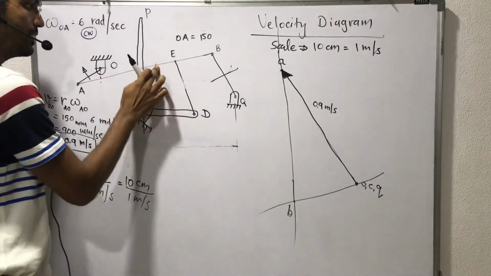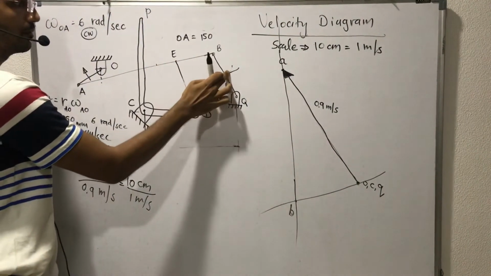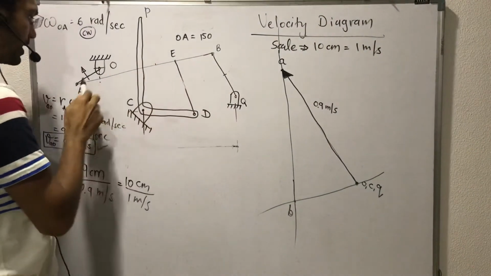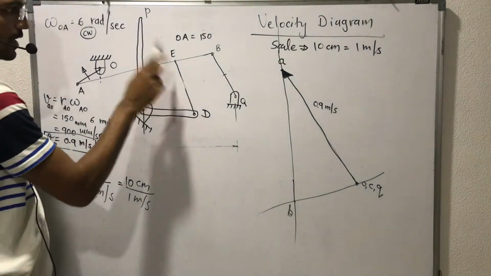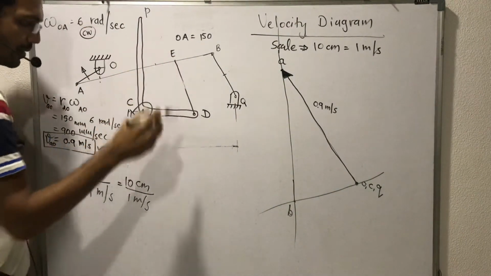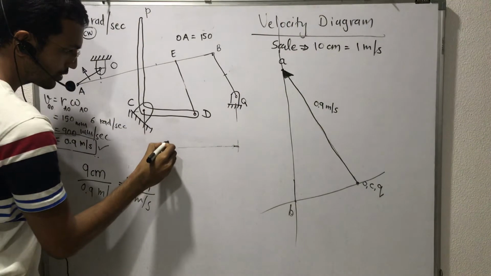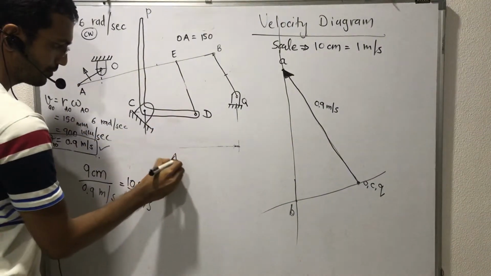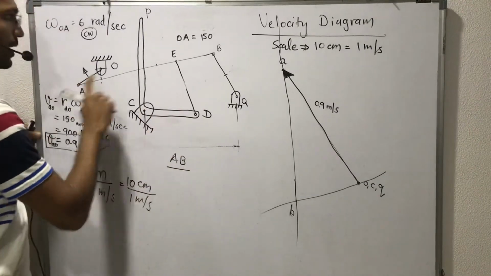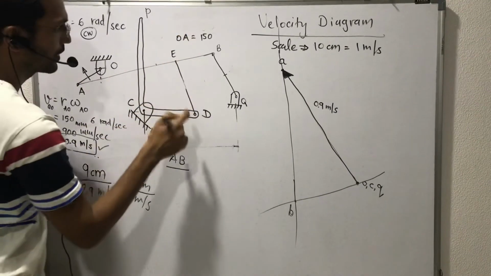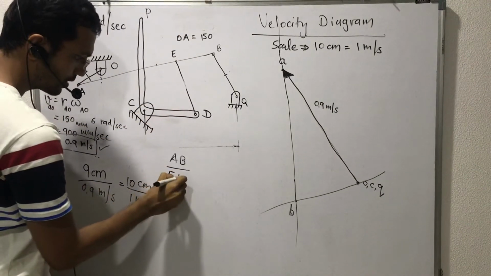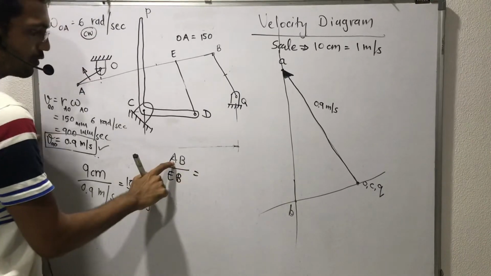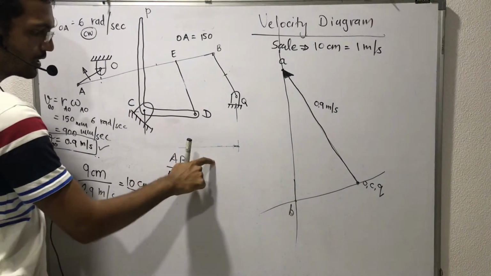Now next is E point. So E point is intermediate inside of AB link. So for intermediate point we are taking ratio. So known value is AB divided by, say, EB is given over here. EB is given equal to same in velocity diagram.